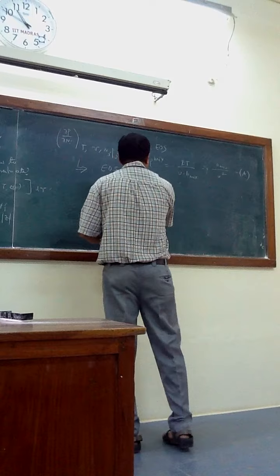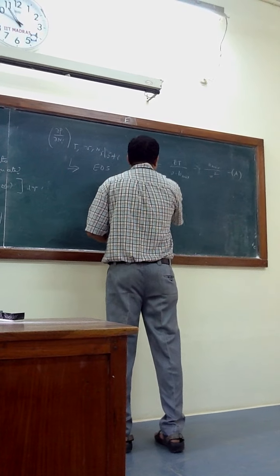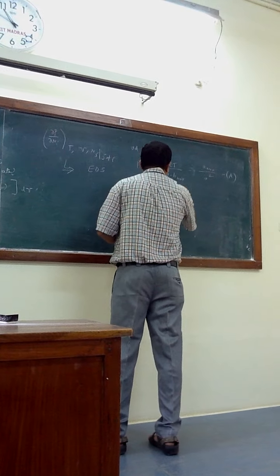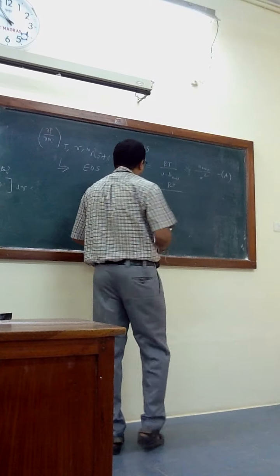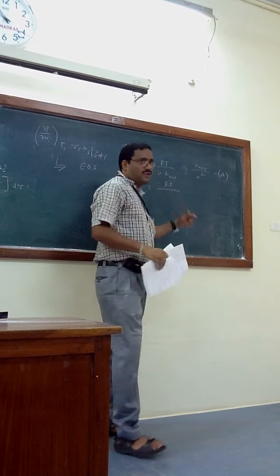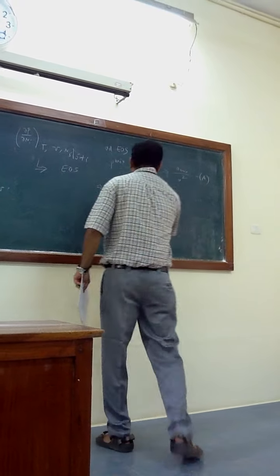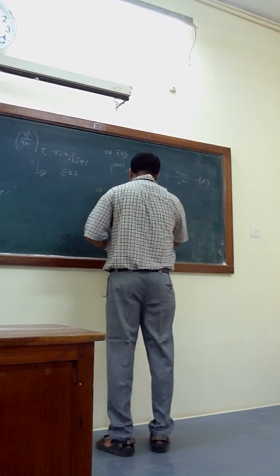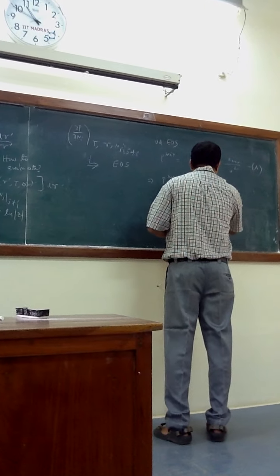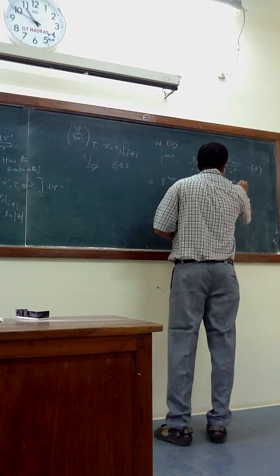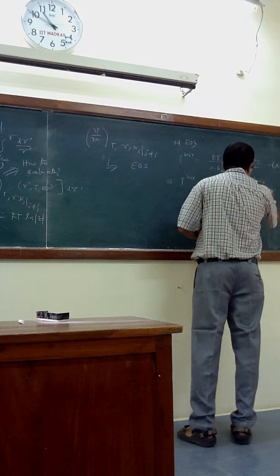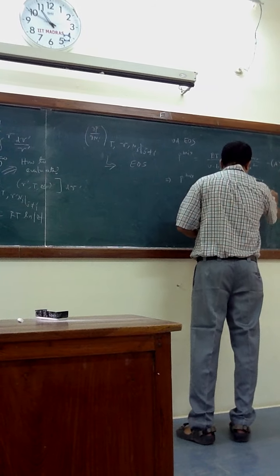So you can write P mix as RT by capital V by N minus b mix, minus a mix by capital V by N whole square.